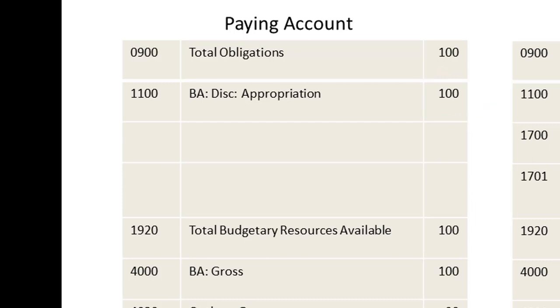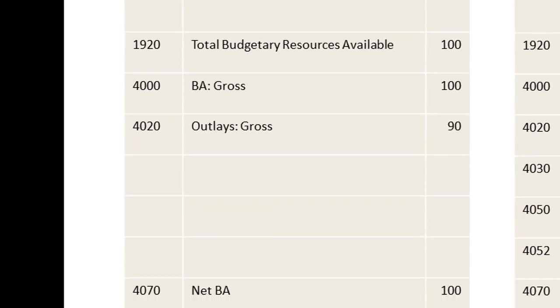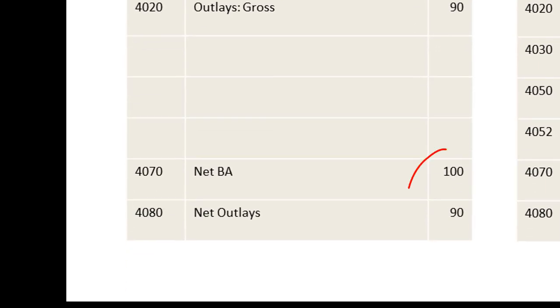In the budget presentation for the paying account, we see $100 in total obligations, funded by an appropriation on line 1100 of $100. Let's further assume we outlay $90 by paying the performing account for the work done during the year. Our resulting net BA is $100 and outlays are $90.